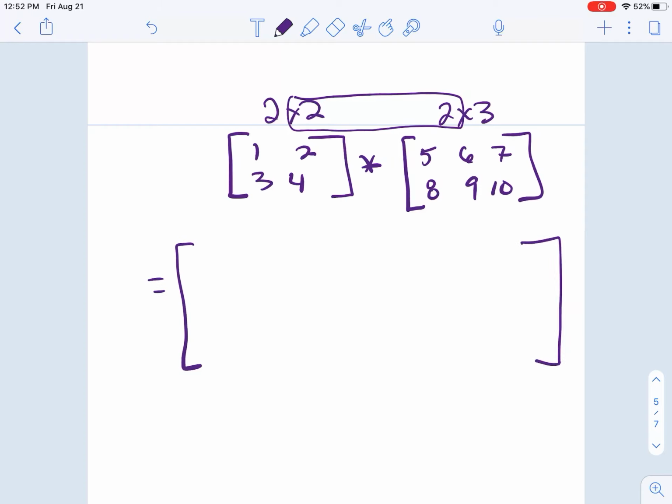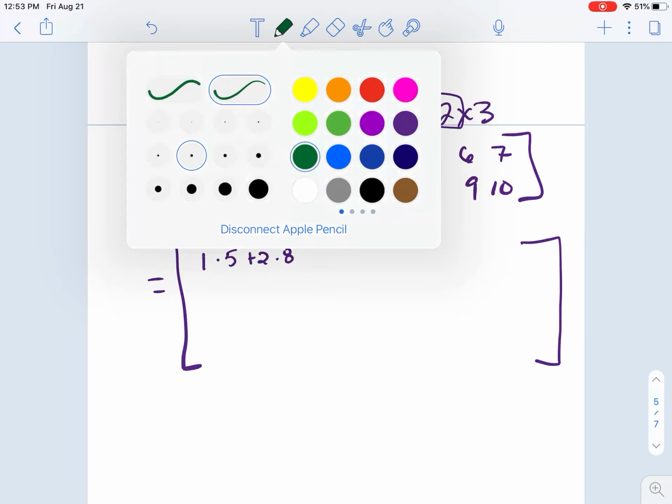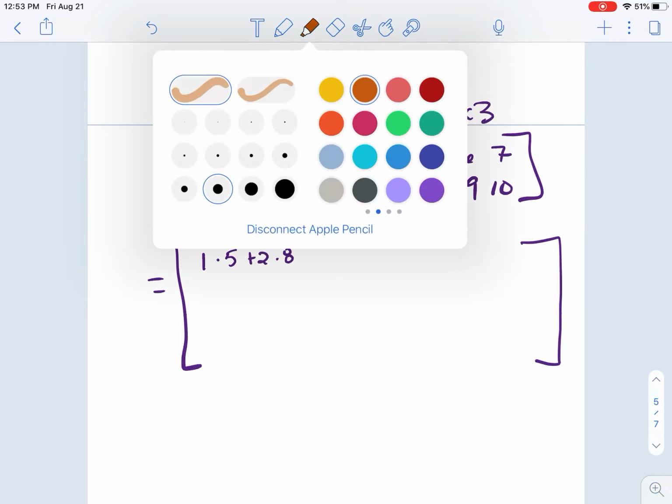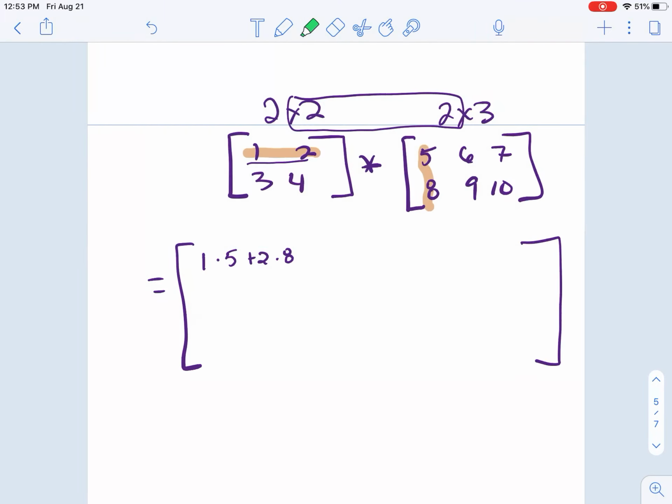What we do first is we take the top row with the first column. So I will have 1 times 5 plus 2 times 8. I did that row with this column. I'm going to change colors. So this next one, I'm going to now do the same first row, and I'm going to do the second column.